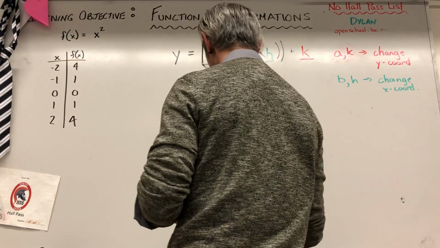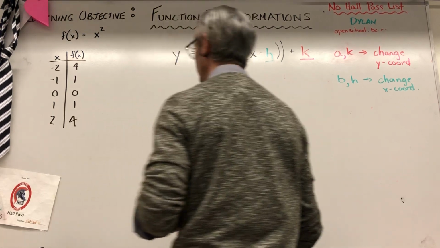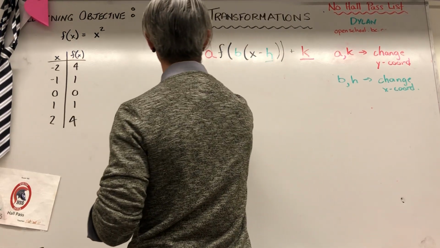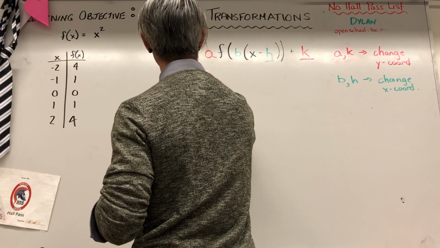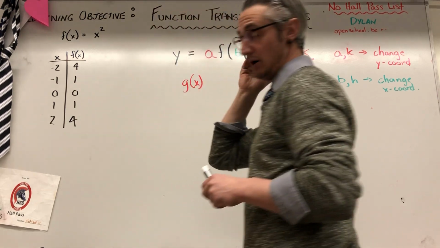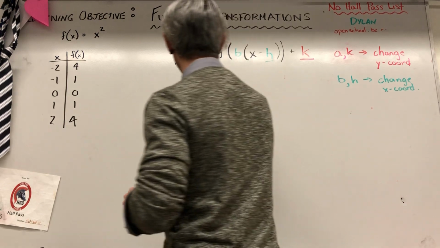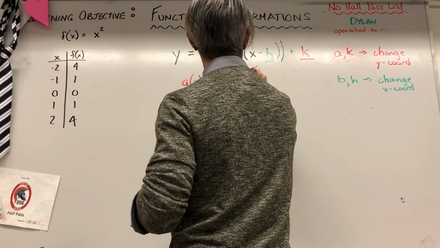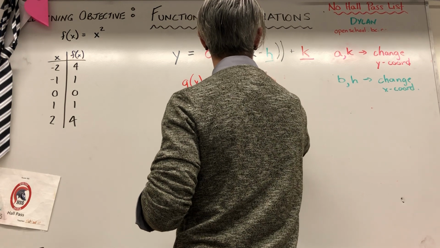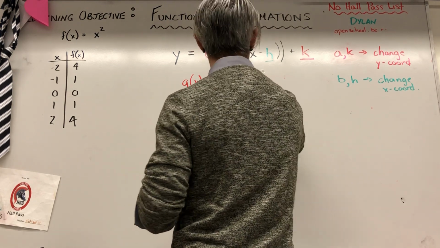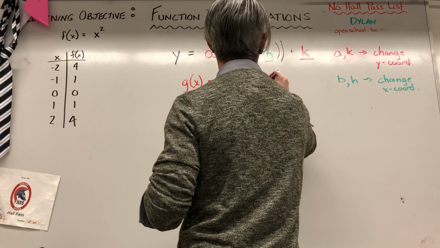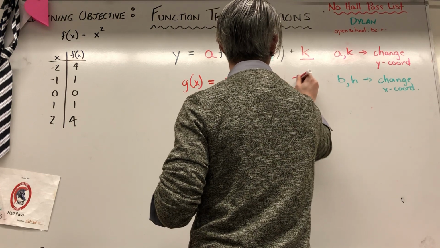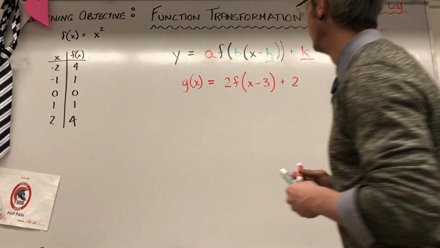So let's say that I have now a transformation function. We'll call this g of x, and I don't know what g of x is as a function, but I know how it relates to f of x. I'm going to say that g of x is equal to 2f of x minus 3, plus 2. Okay, this will be my first one.